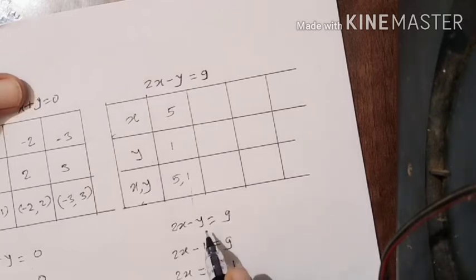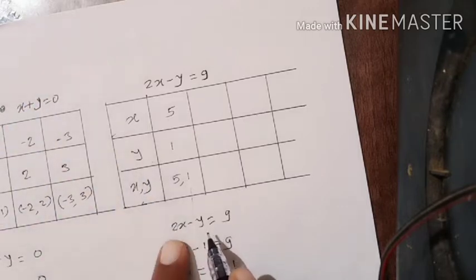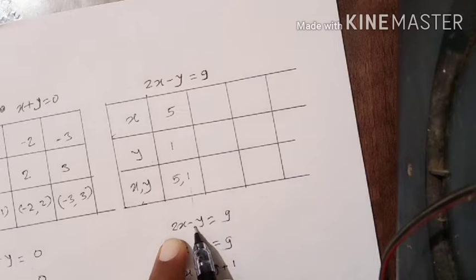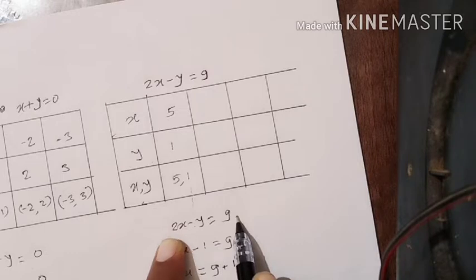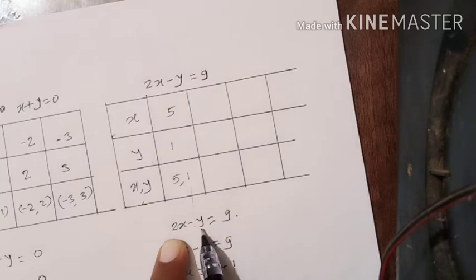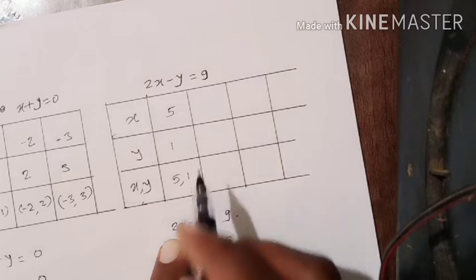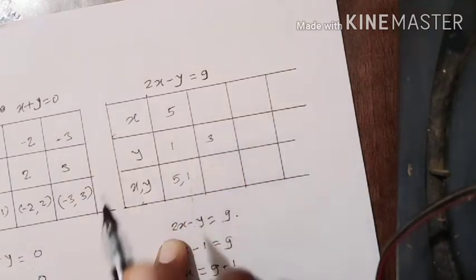Now, in this equation, we have to put the value of y in multiples of 2. Suppose I will put here 2, then 2 comes here plus 2, 9 plus 2, that is 11. 11 is not a multiple of 2. Therefore, we have to put the value of y as 3.